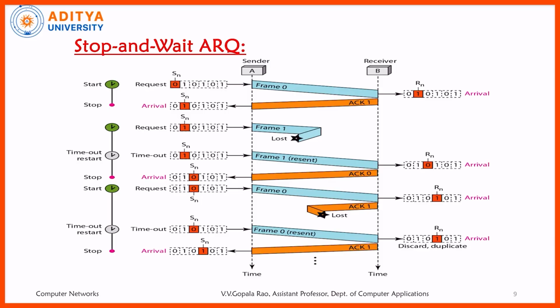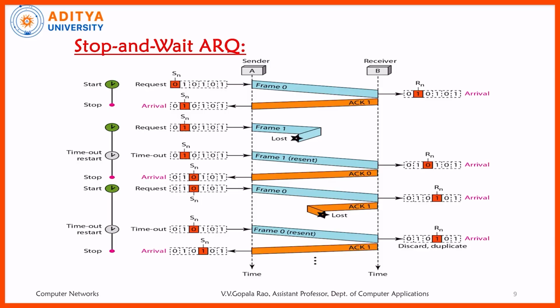If you see, the frames are numbered as 0 1 0 1 0 1. That means whenever the sender is sending frames, the frames are numbered as 0, after that 1, again 0 1. That means it follows the numbering concept by following modulo 2 arithmetic.